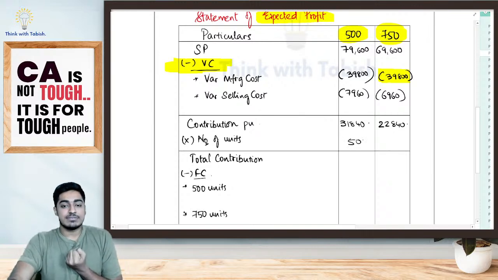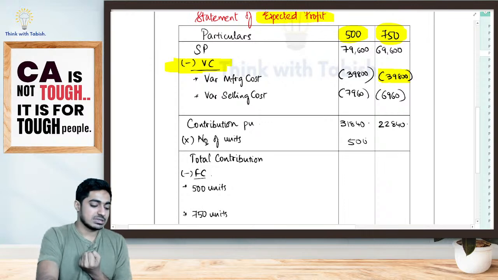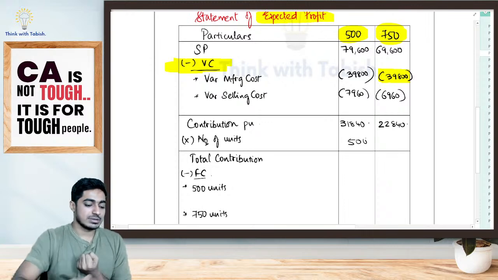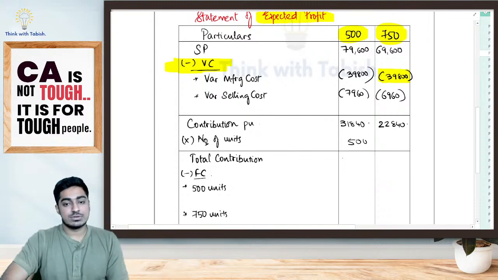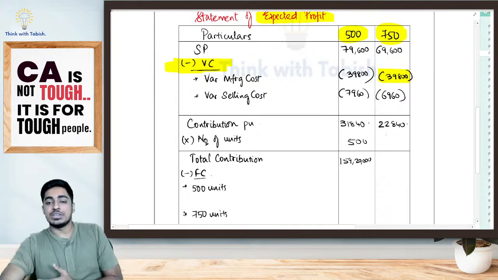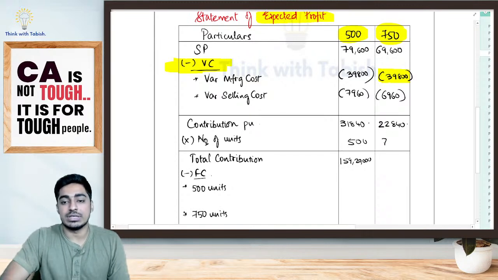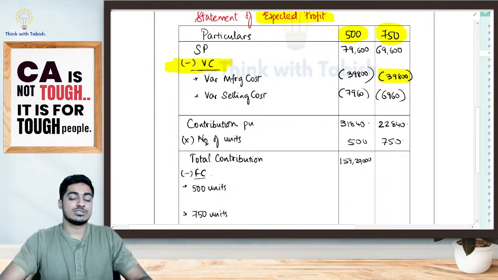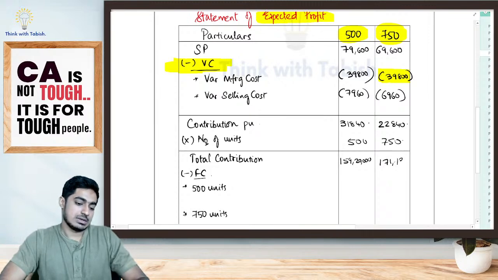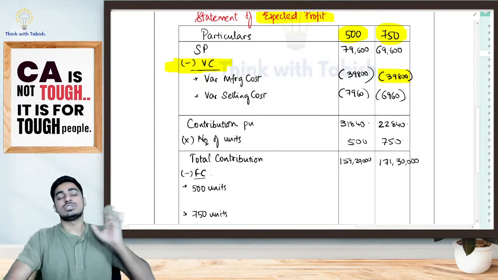So for selling 500 units, how much will I get, students? 1,59,20,000 rupees. If I'm selling 750 units, per unit I'm getting 22,840. It is going to be 1,71,30,000. This is the contribution I get.